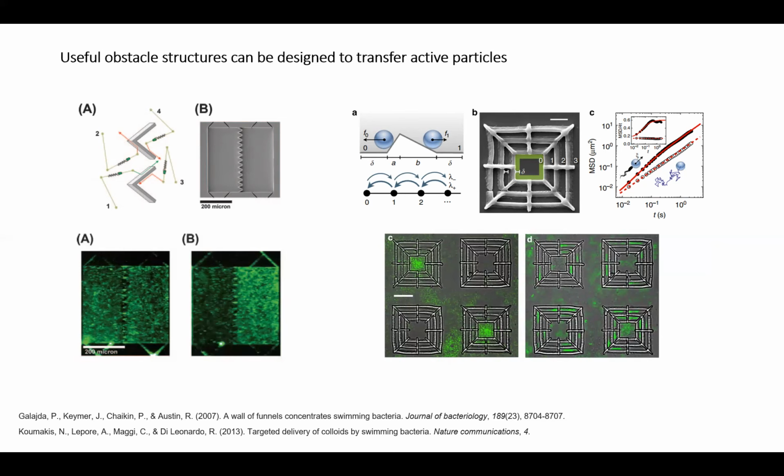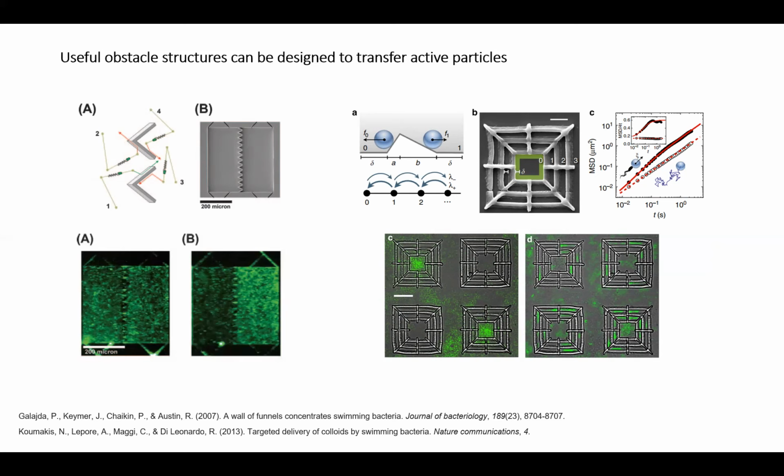In this case, they go more likely inside. And here the barriers are designed the opposite way. What happens is that eventually they are going to get out of these obstacle structures over time.